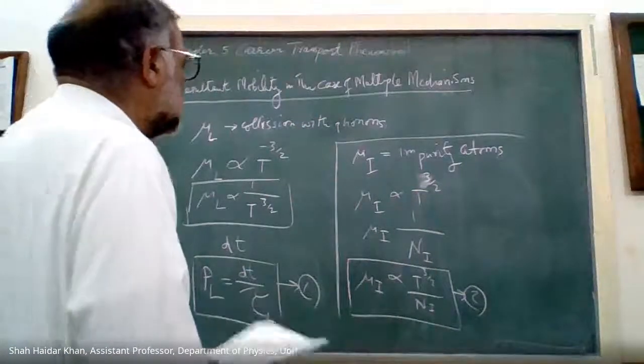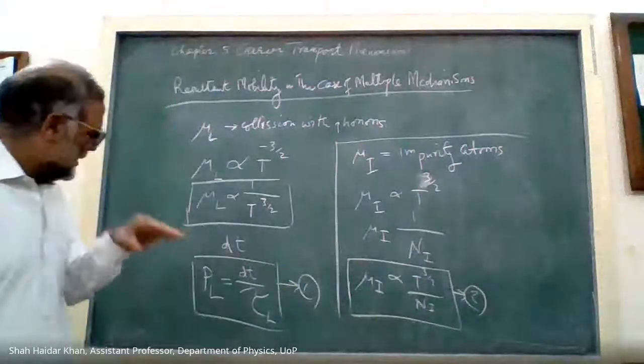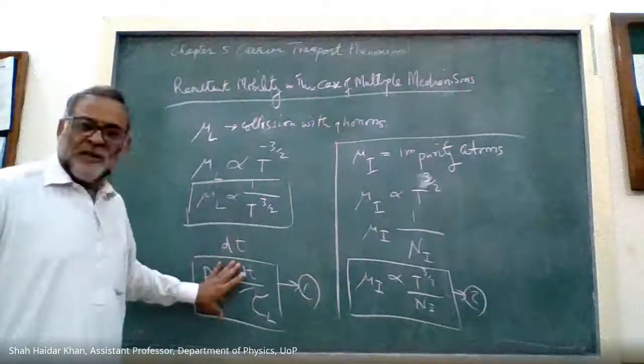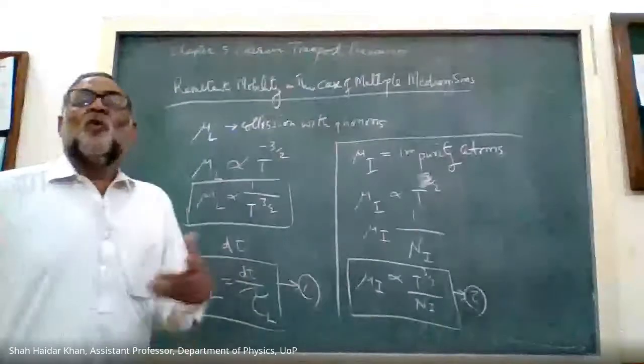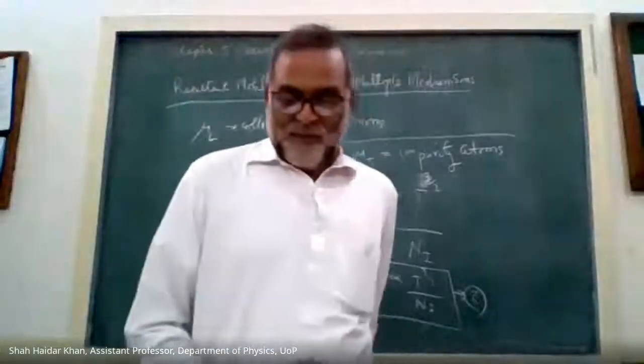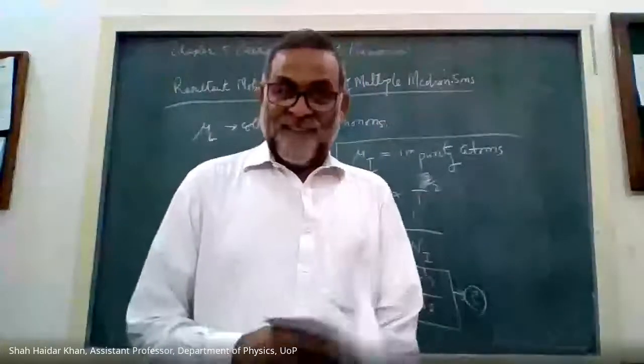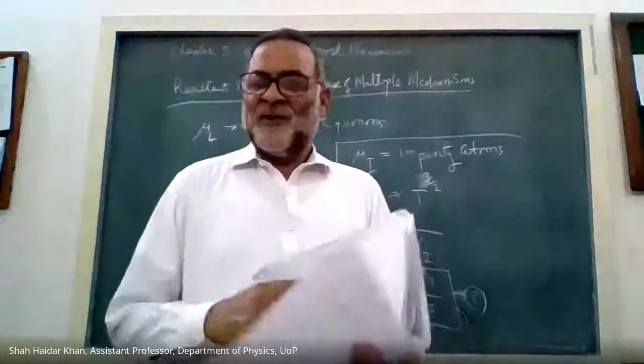There was a probability here in the case of vibration. What is the probability here? The probability of collision, because mobility is an effect of collision.